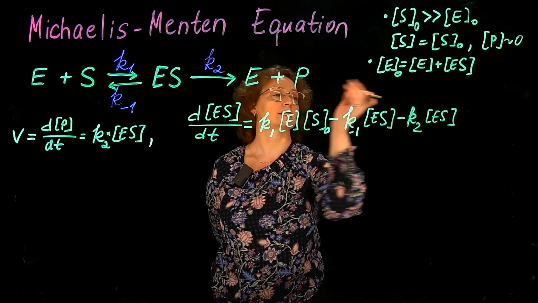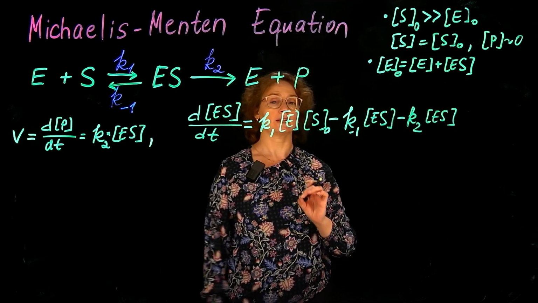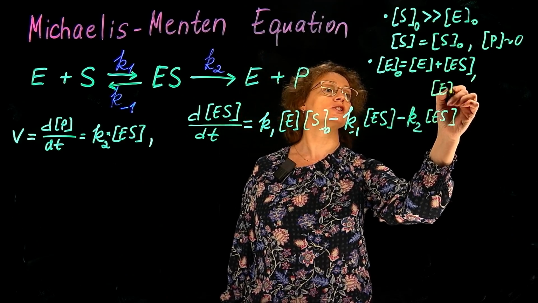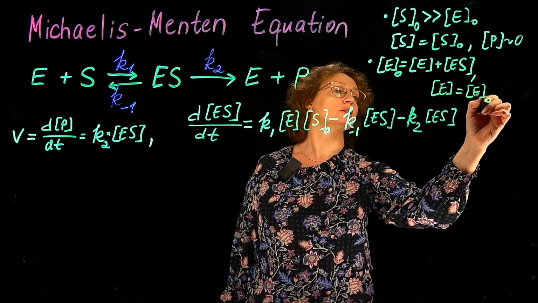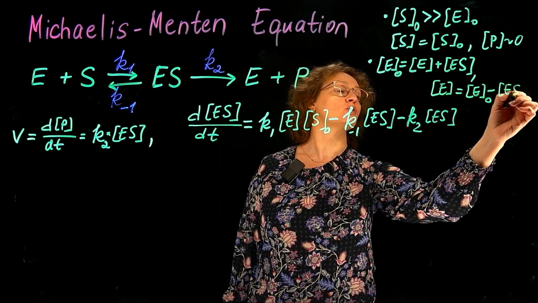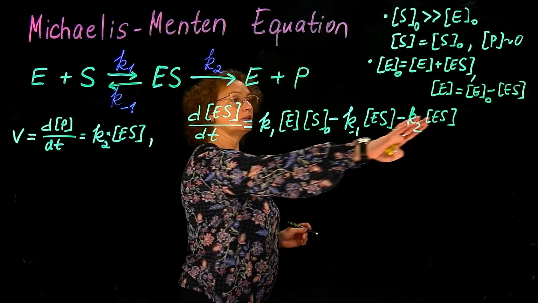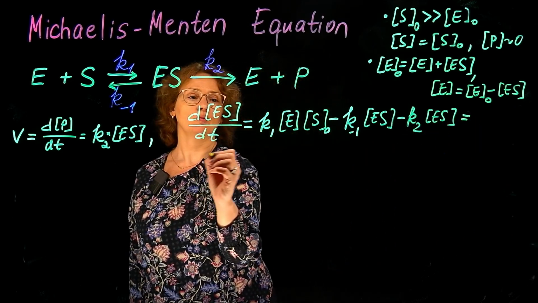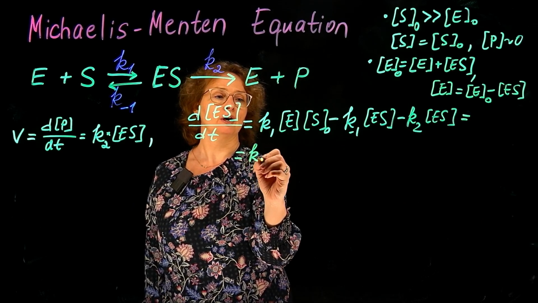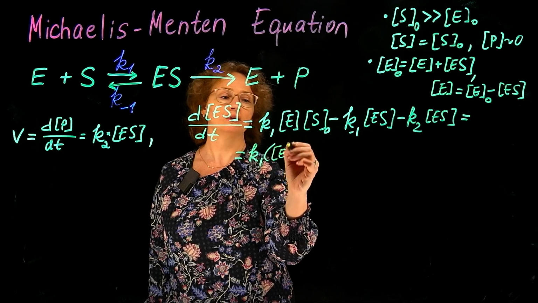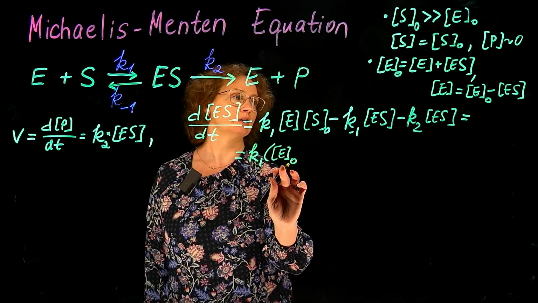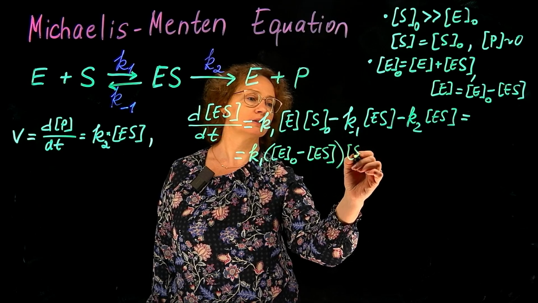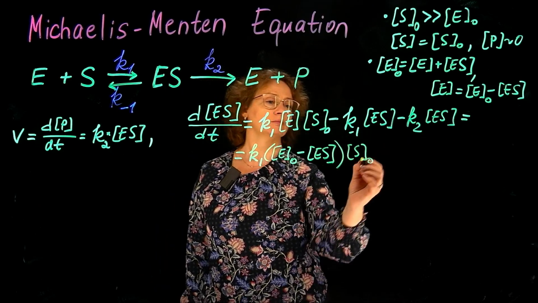Okay, going back to the enzyme. Here we have this equation for the enzyme concentration, and from this equation we can derive concentration of free enzyme as the original concentration minus concentration of the enzyme substrate complex, and that we can plug right here. So when we plug it here, what we have is K1 times the initial enzyme concentration minus concentration of the enzyme substrate complex, times substrate concentration.